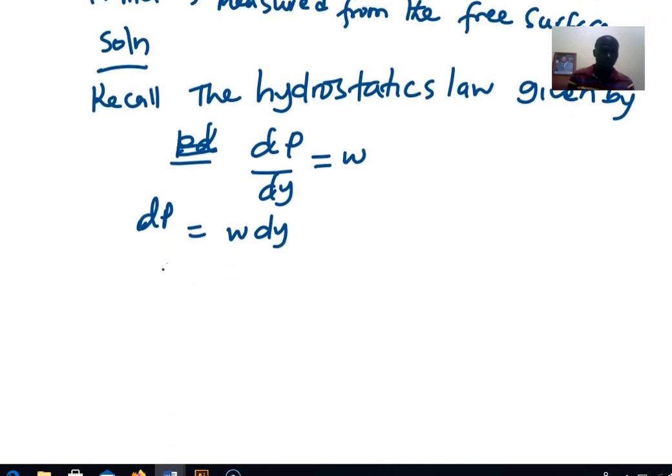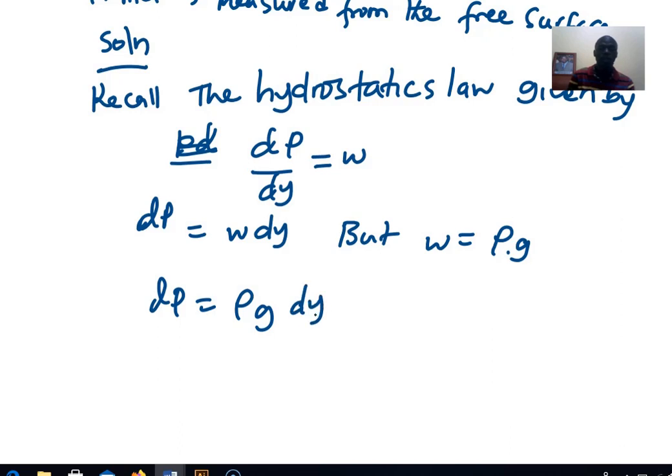But small w, the specific weight, is the same as density, rho, times the acceleration due to gravity. So introducing the relationship between density and w, dP is equal to rho g times dy. But we know rho is given in the relation as 350 plus AY.